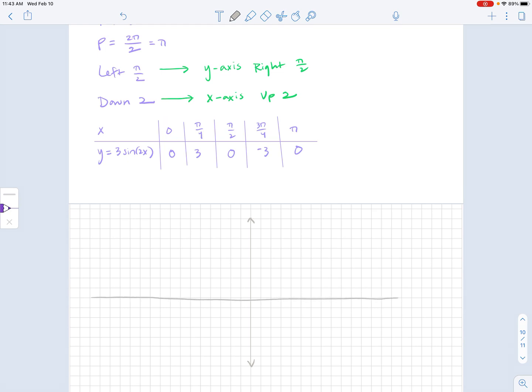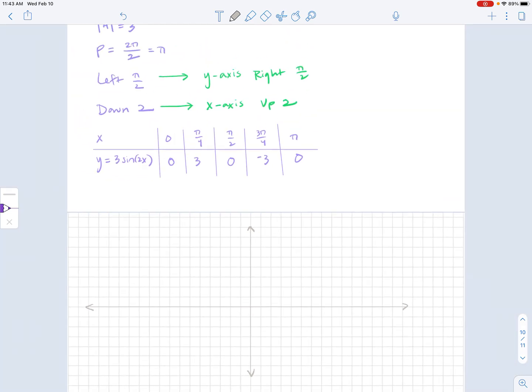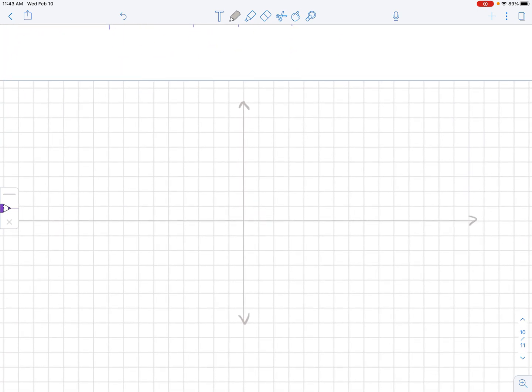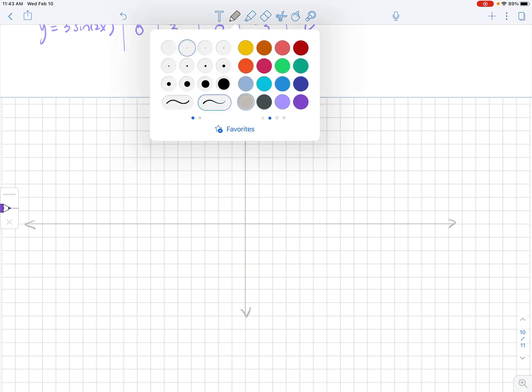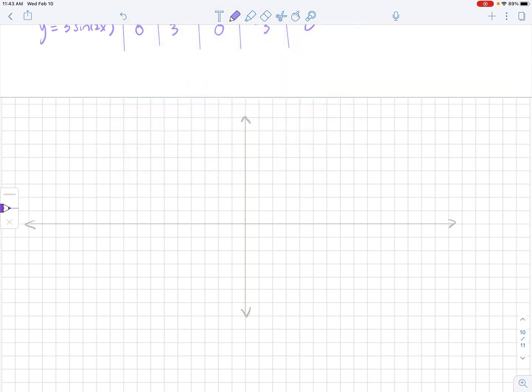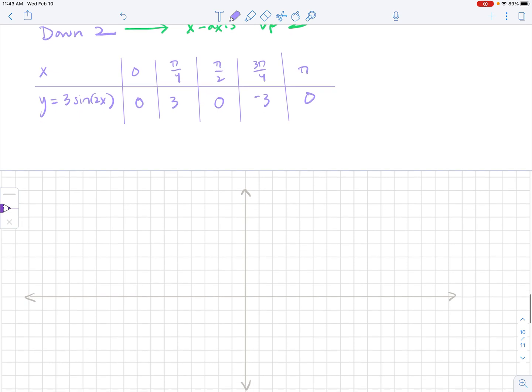It's kind of hard to see. I'm going to have the y-axis, each box represents 1 unit, and for the x-axis, I'm going to have every 2 boxes represent pi over 4 units.